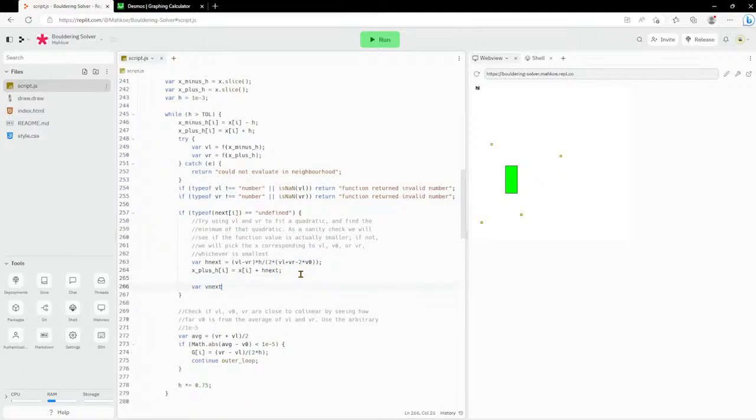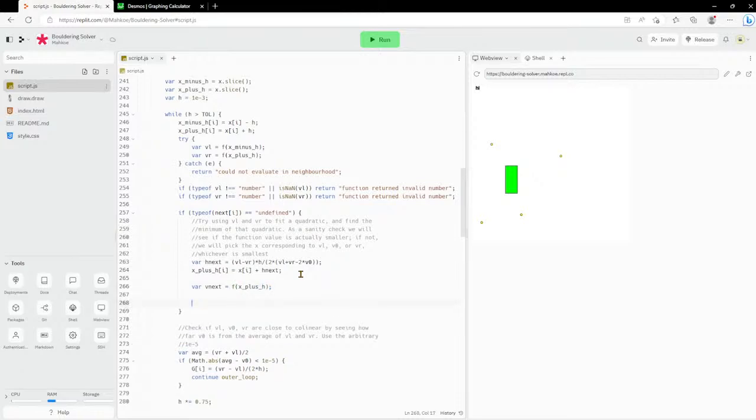Var V next is equal to F at X plus H. I don't know.